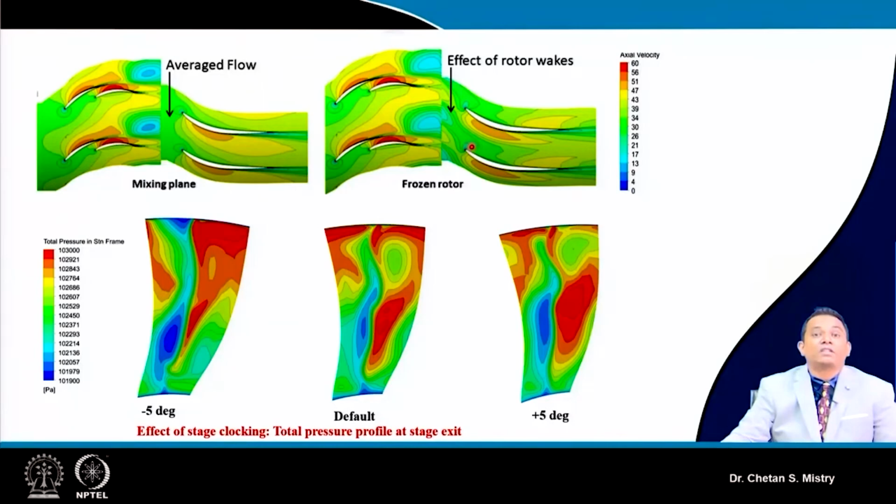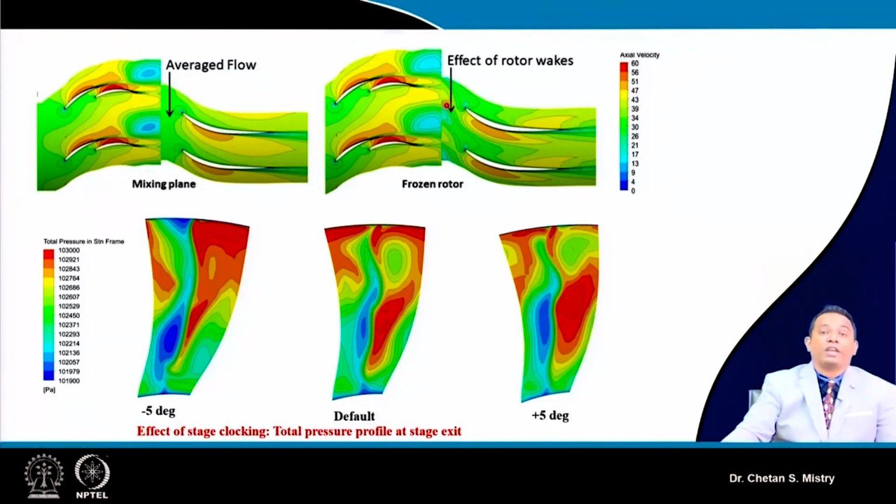Now what we were discussing in terms of the pitch or clocking effect, or how we will set our stator downstream: here if you look at it, we have a slight discrepancy in terms of positioning. This can be set by a clocking effect study.